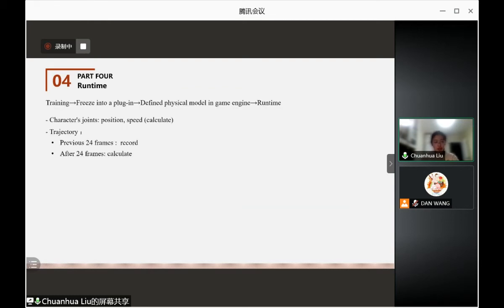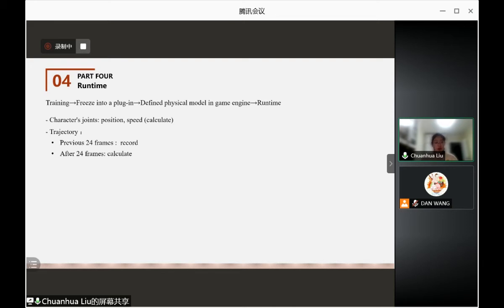And at runtime, after training this neural network, we feed this network into a plugin, and we define the physical model in the game engine, so we can use the plugin at runtime.